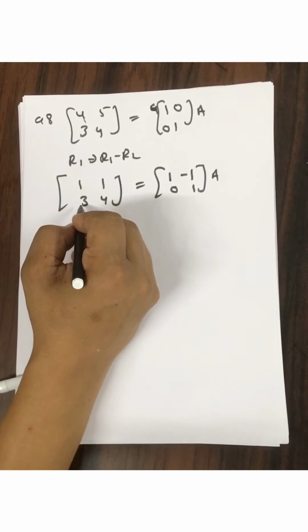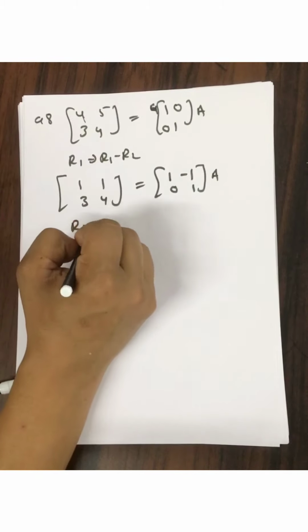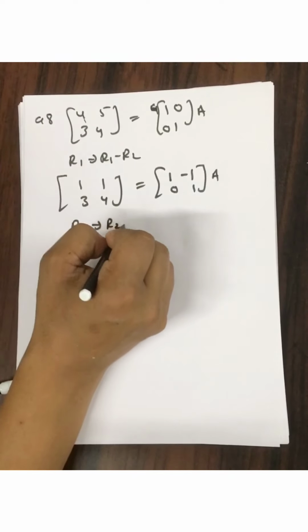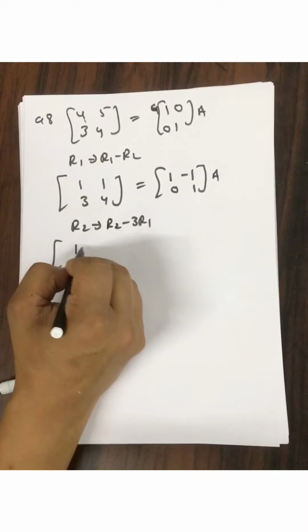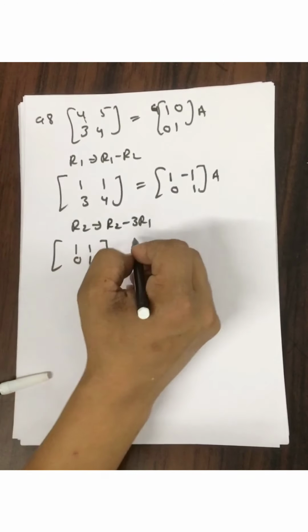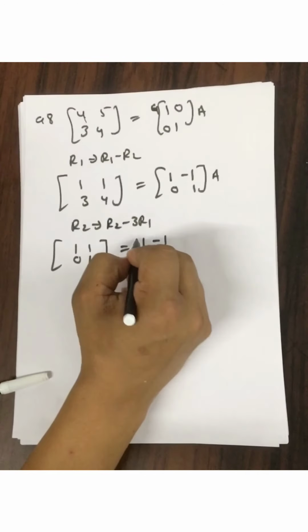Now how to get rid of this 3? This is 4, 3. R2 minus 3 R1. So what happens? 1, 1, 0, 1 equals 1, minus 1, minus 3 and 4.